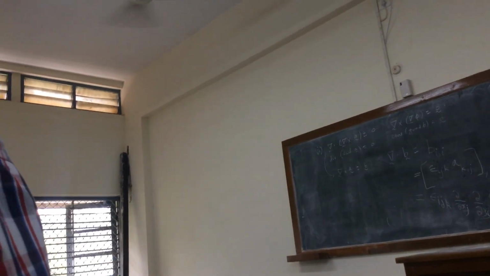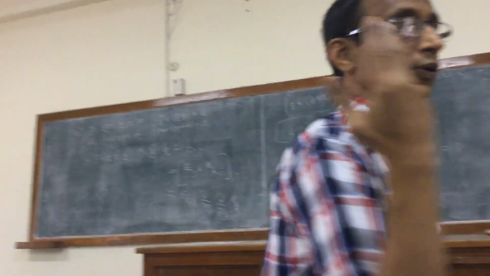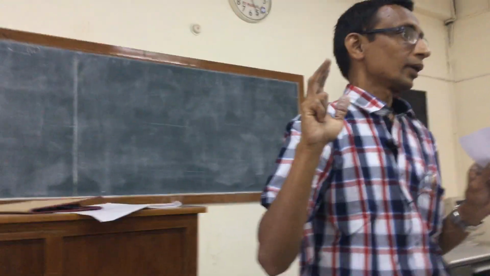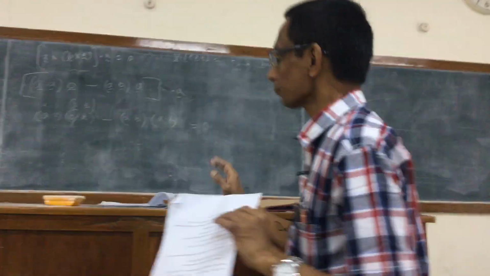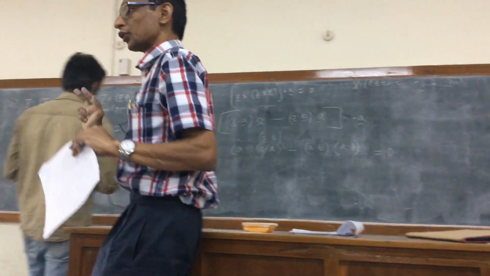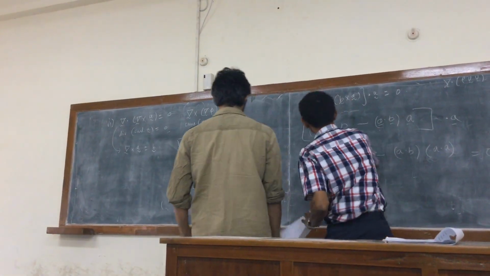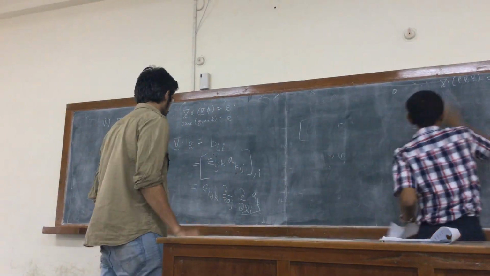Can you write out the sum fully? i equal to 1 to 3, j equal to 1 to 3, k equal to 1 to 3. But all terms are not going to come, because I can choose i equal to 1, and then I have j equal to 2 and 3. So let's just erase this.